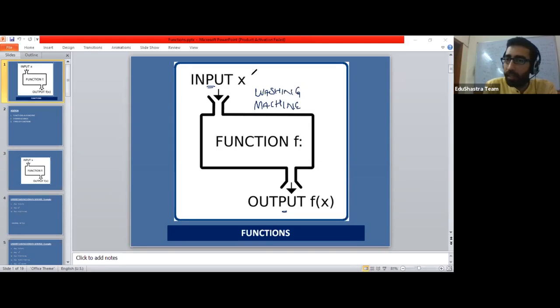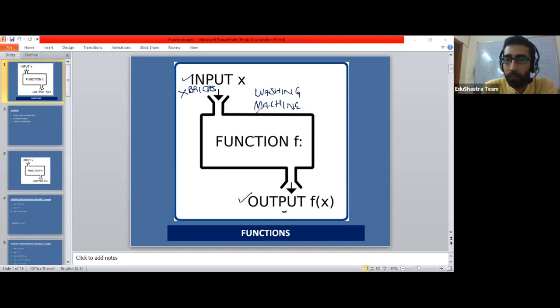You input dirty clothes and you get clean clothes out. You can't input bricks in a washing machine and expect things to happen.